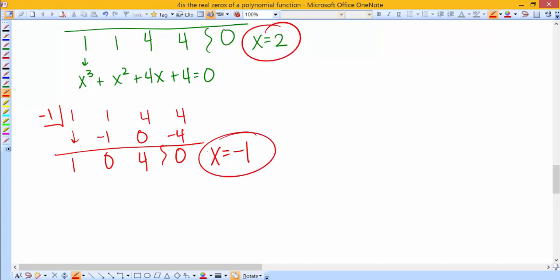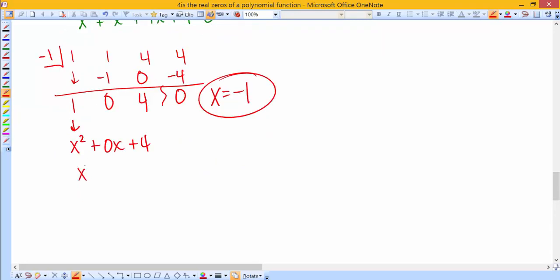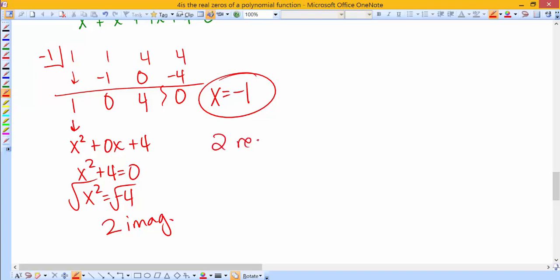So how many do we have left? We have 2 more left. So this is x squared plus 0x plus 4, which is just x squared plus 4 equals 0. x squared equals -4. And when you square root, you get 2 imaginary. So we only had 2 real solutions. x equaled 2 and -1.